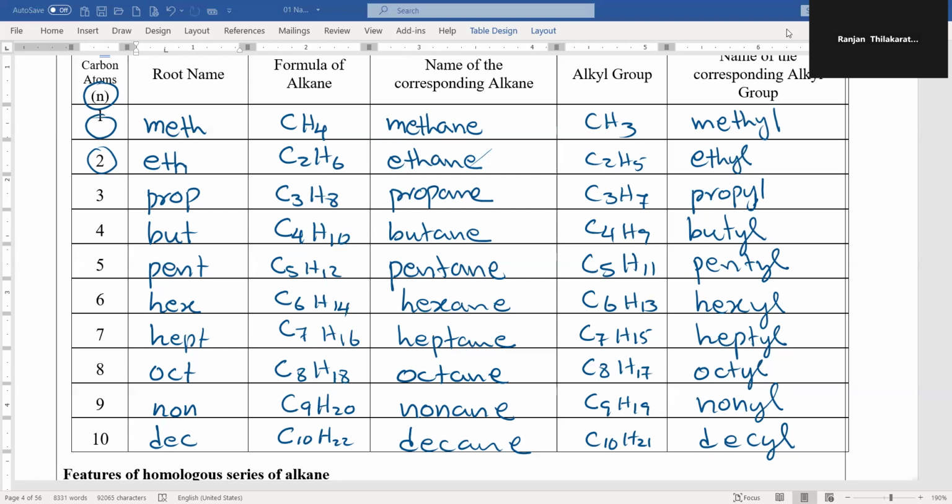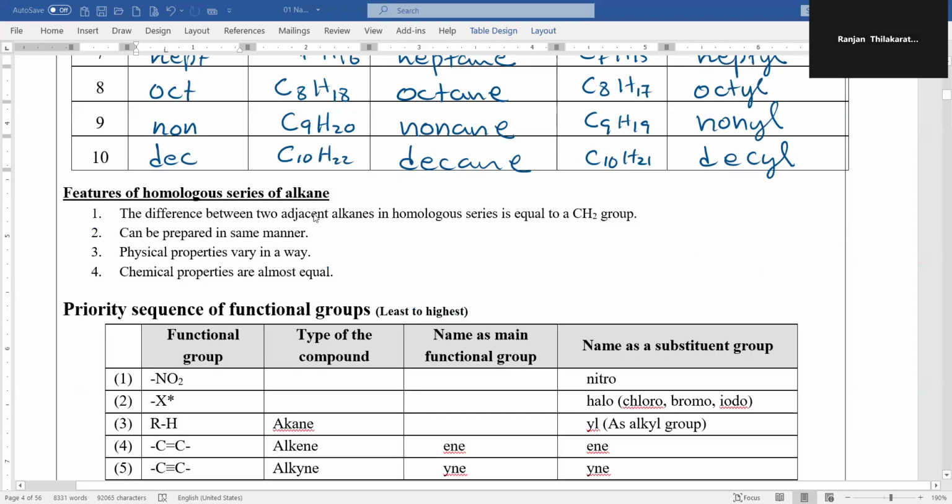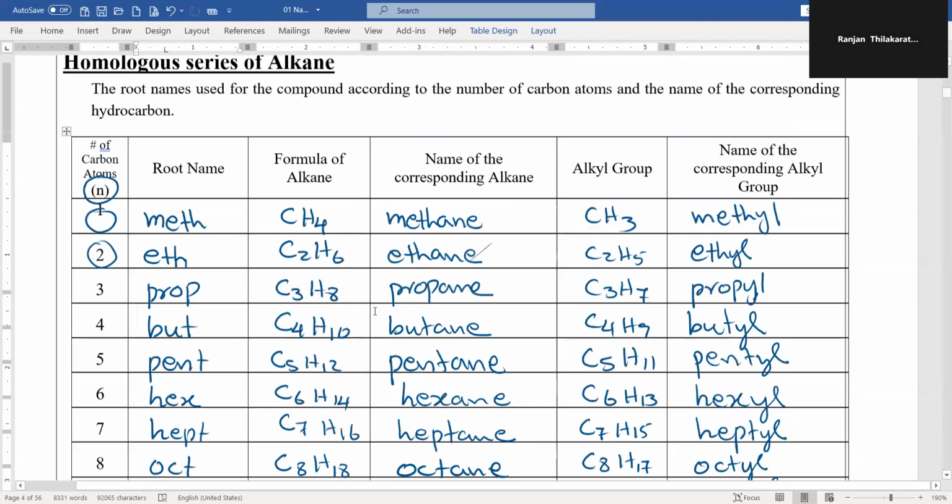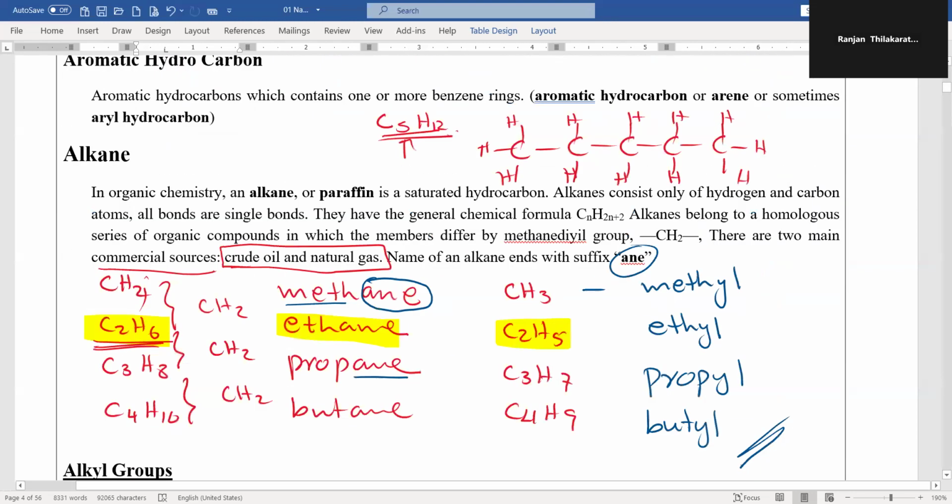Then, features of this homologous series. These are the special features you will see. One, the difference between two adjacent alkanes in the homologous series is CH2. And I explained that earlier. If you move from 1 carbon to 2 carbon, the difference is CH2. 2 carbon to 3 carbon, the difference is CH2.